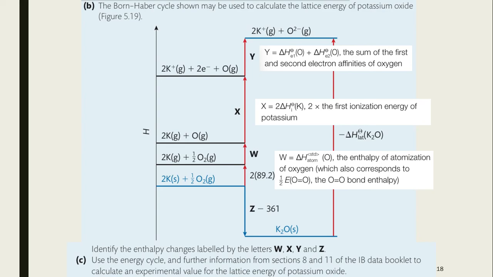Letter Y. After we've turned that potassium into ions, we have to do it for oxygen. So that would be the first and second electron affinities. Very last one that we need to know is Z, which is enthalpy of formation, delta HF. That is when we take the elements in their standard state and turn them into an ionic compound.